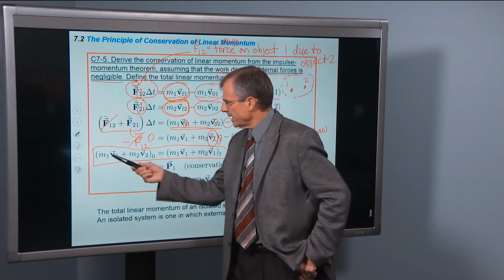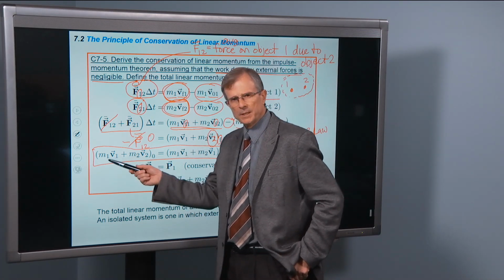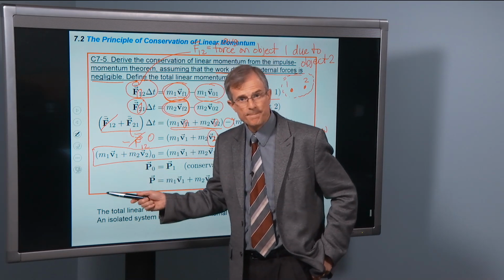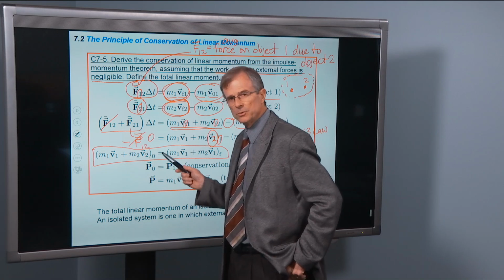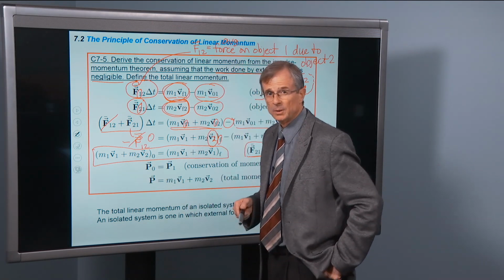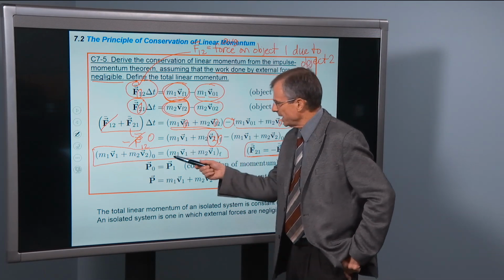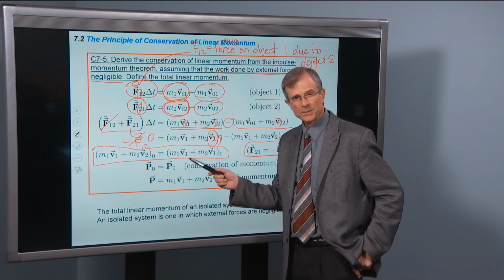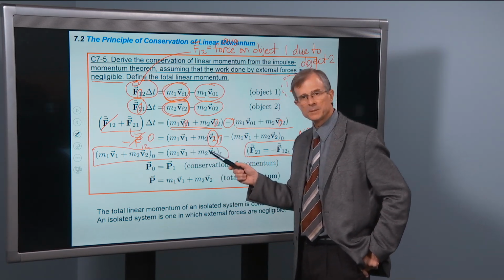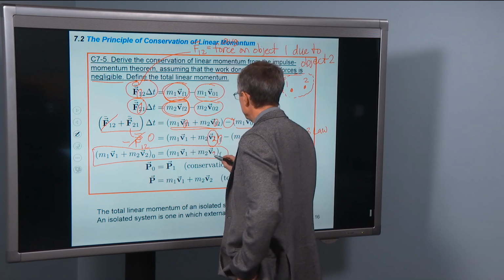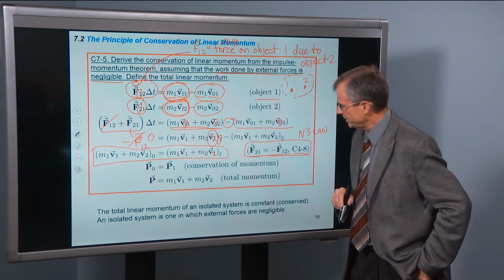It says that m1v1 initially, that's the initial momentum of object 1, plus m2v2 initially, that's the initial momentum of object 2, equals m1v1 final, the final momentum of object 1, plus the final momentum of object 2. So that needs to be corrected also: m2v2.